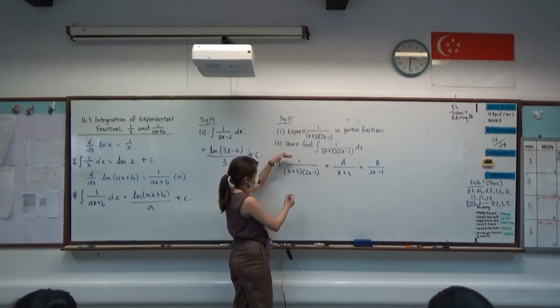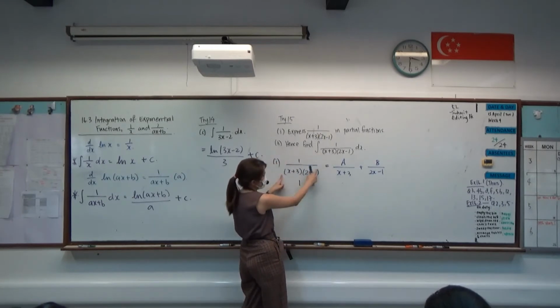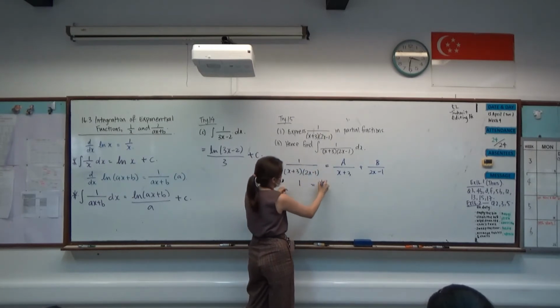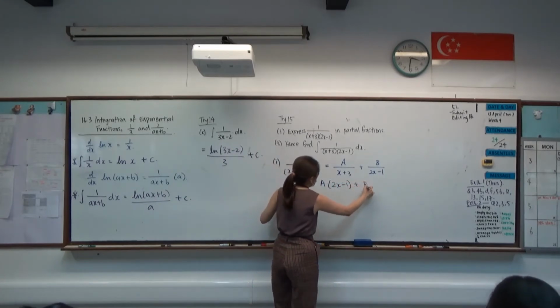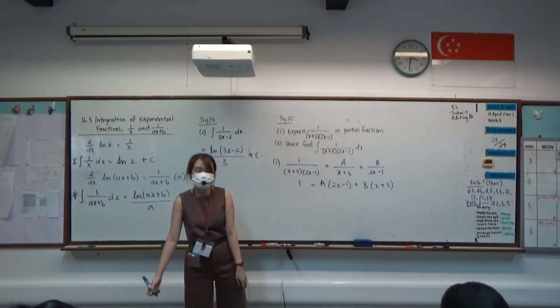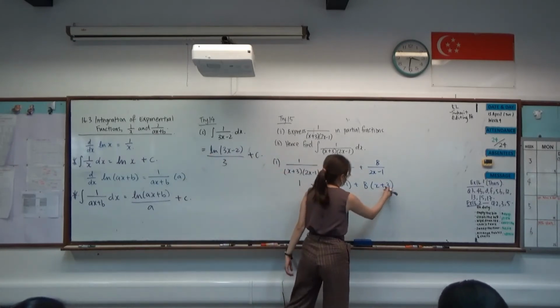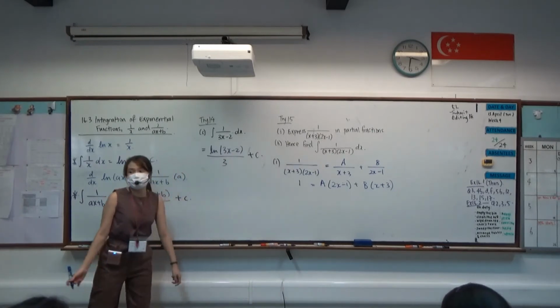So this becomes 1 equals a times 2x minus 1 plus b times x plus 3. Hope that you can follow me algebraically. Then we find out what a and b are.